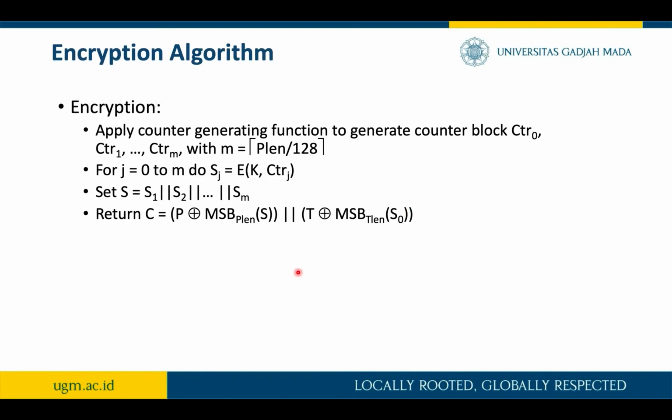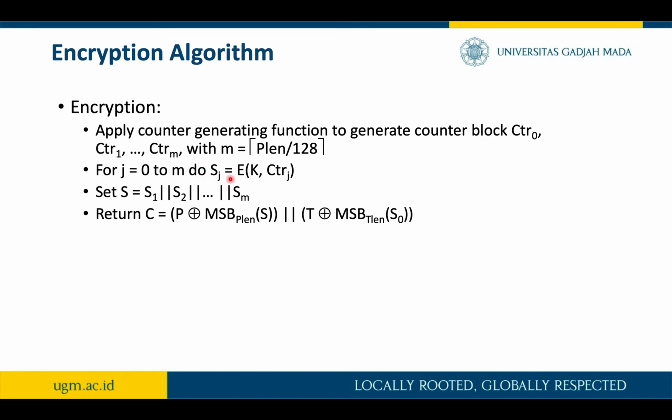And this is the encryption algorithm. Basically, this is the use of the counter, the one that we already discussed. We do this iteration. Counter J is used to encrypt block number J using the key K. Using this algorithm, what we do is generate the key stream first.